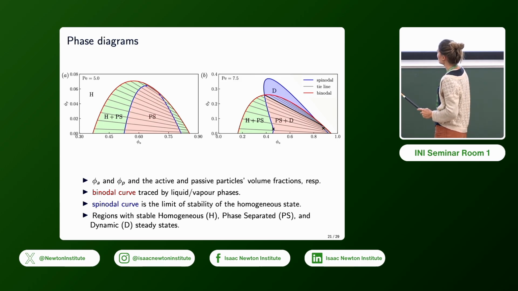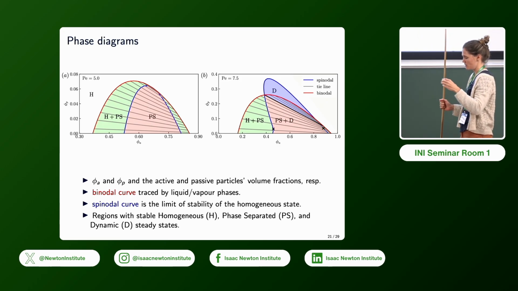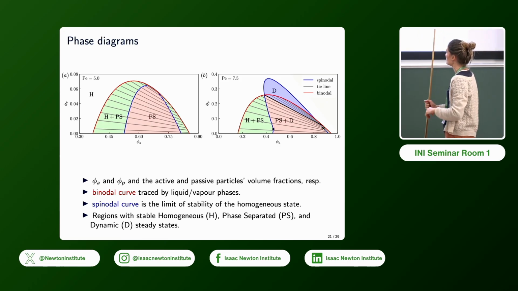And what's interesting here is that this binodal curve is just saying what pairs of densities we have in each phase. So just joining these two points tells us the fraction of active and passive particles in the liquid or the vapor.